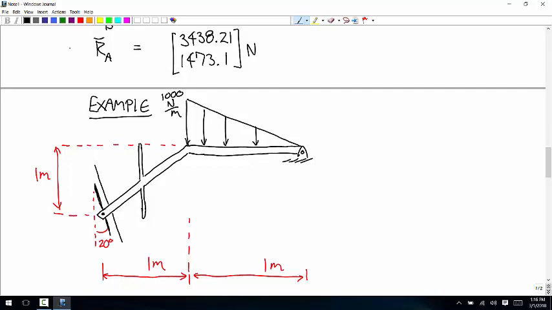And then on the ends of these two extensions, we have a 200 Newton force there and a 200 Newton force there. And we want to calculate the reactions. Ignore the weight on this one.